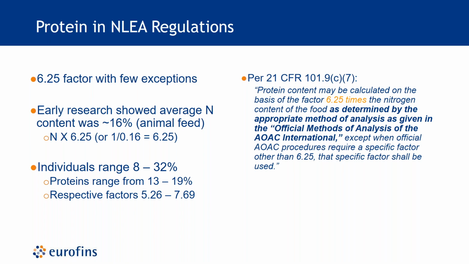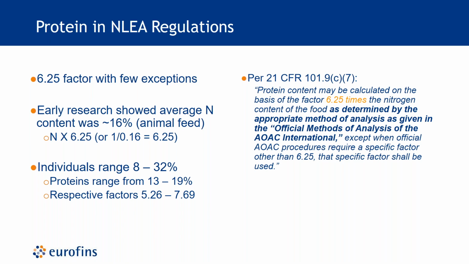So the use of a universal factor of 6.25 is illogical when you really consider the fact that different amino acids contain different levels of nitrogen. The nitrogen content of specific amino acids varies according to the molecular weight and the number of nitrogen atoms it has. Again, in bullet 3 on the left-hand side, you can see that I've listed the individuals range from 8 to 32%.